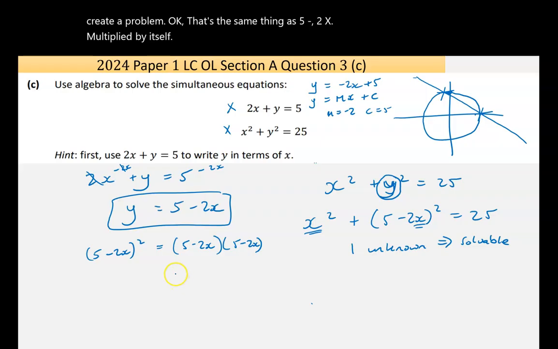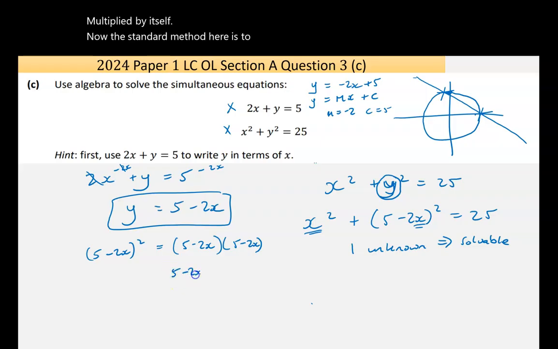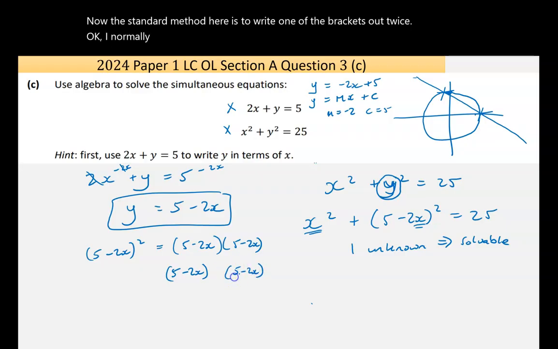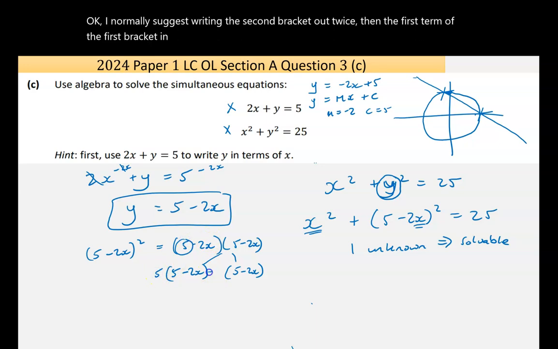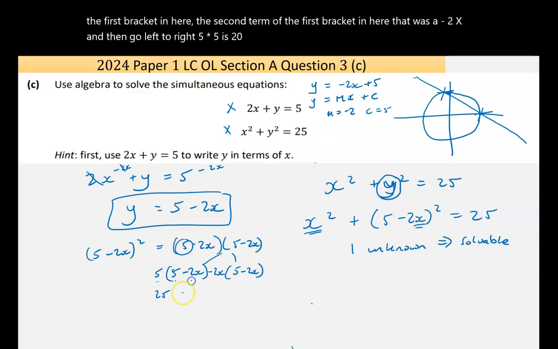Now the standard method here is to write one of the brackets out twice. Okay, I normally suggest writing the second bracket out twice. Then the first term of the first bracket in here, the second term of the first bracket in here, that was a minus 2x, and then go left to right. 5 times 5 is 25. 5 times minus 2x is minus 10x.